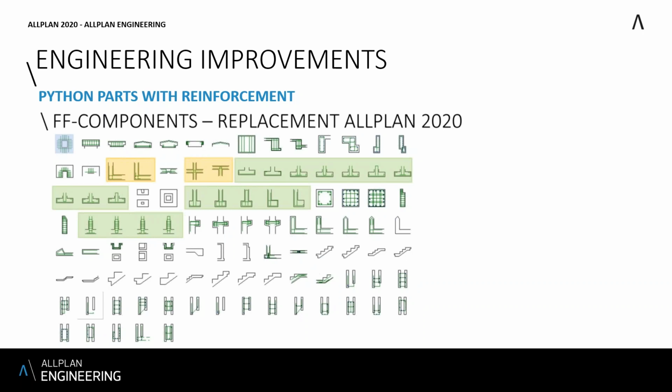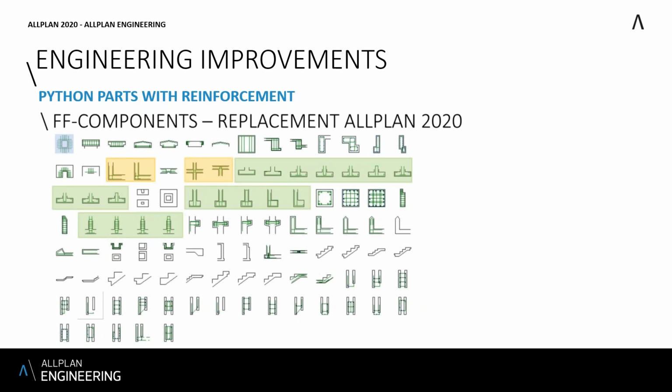The disadvantage of that FF component was the fact that once you place those bars, they were like manual reinforcement. You cannot go back. You have to either delete it and apply it again or manually modify each placement. So this is the reason why they decided to migrate those powerful tools of formwork finder components to Python parts.